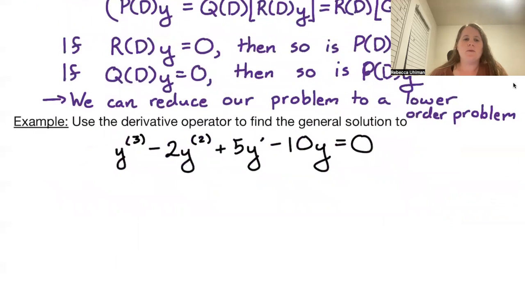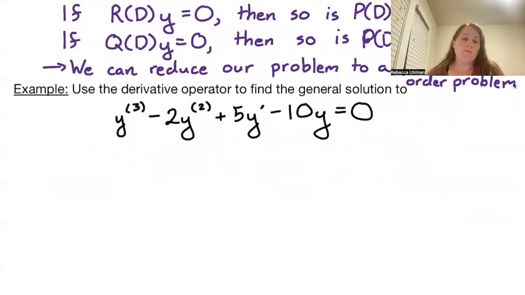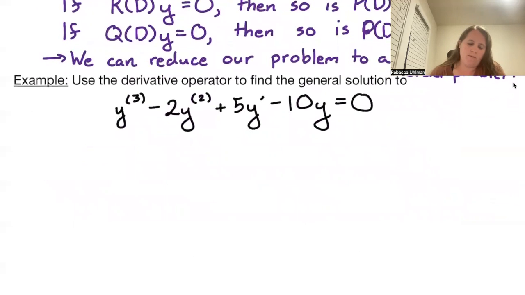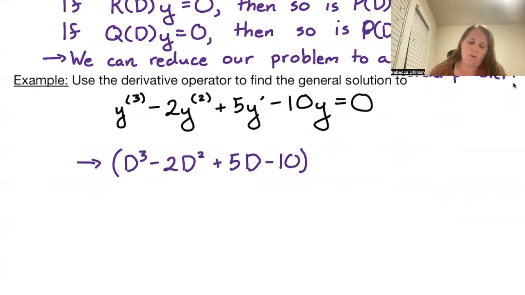So for an example, let's use the derivative operator to find the general solution to the third derivative of y minus 2 times the second derivative plus 5 times the first derivative minus 10y equals 0. Note this is the same equation we were working with earlier. So we have D cubed minus 2D squared plus 5D minus 10 all applied to y is equal to 0.